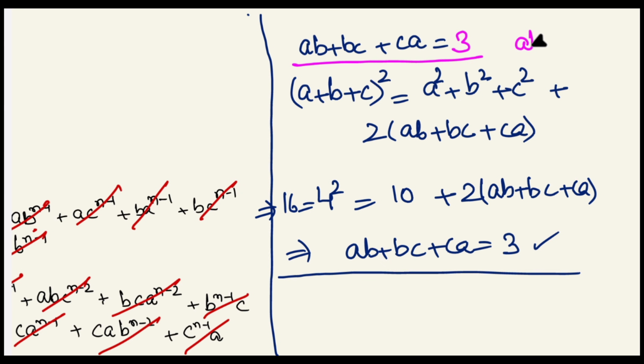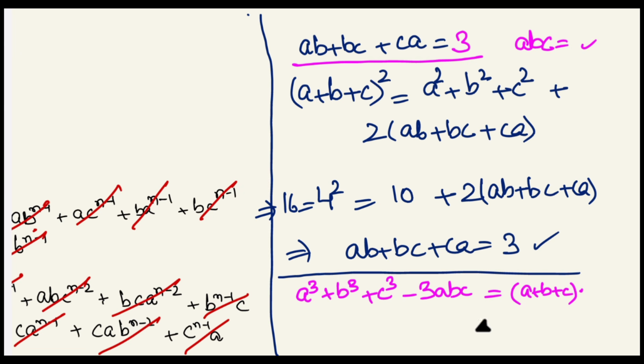Now we need abc. For that we'll use this formula. a³ + b³ + c³ - 3abc is equal to (a + b + c)(a² + b² + c² - ab - bc - ca).